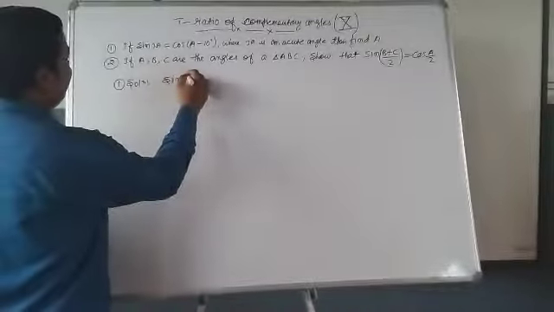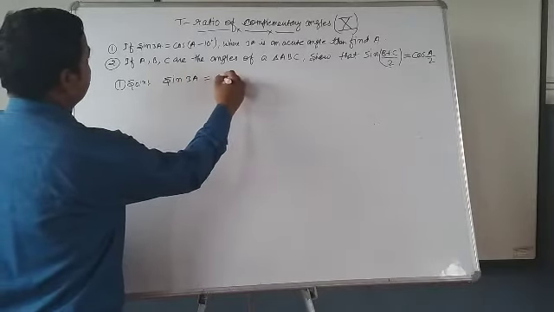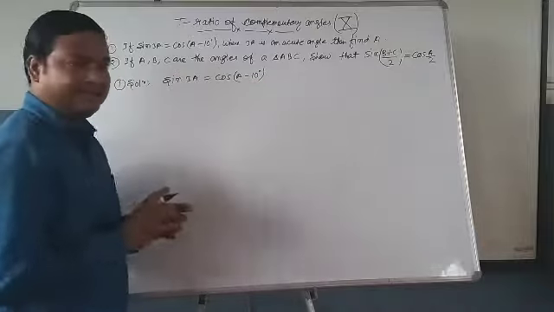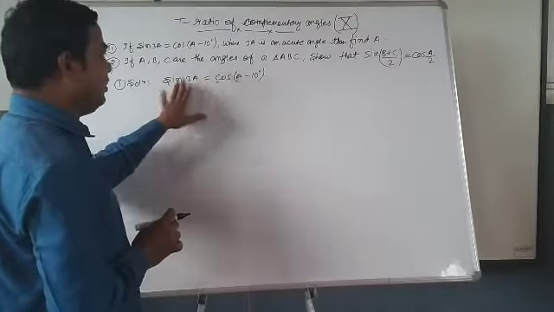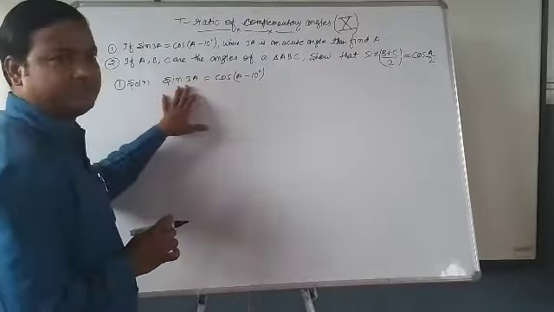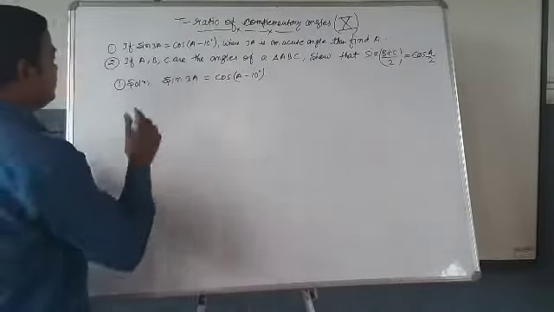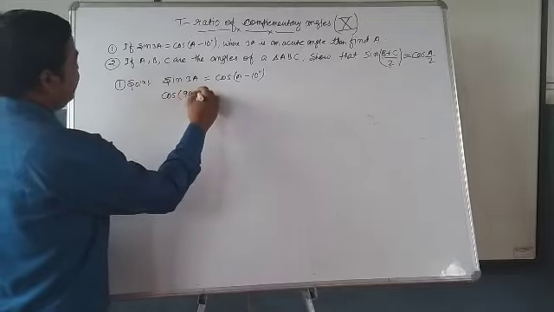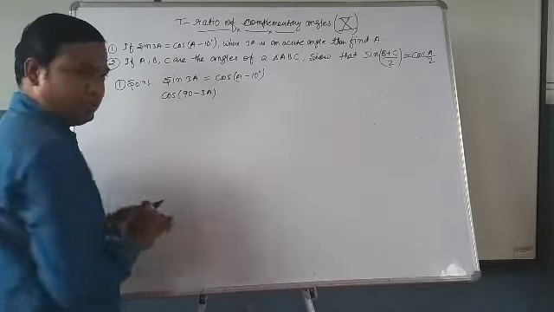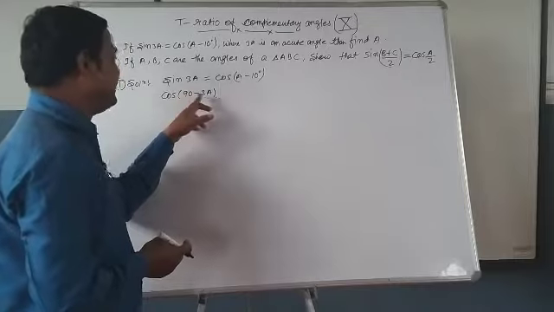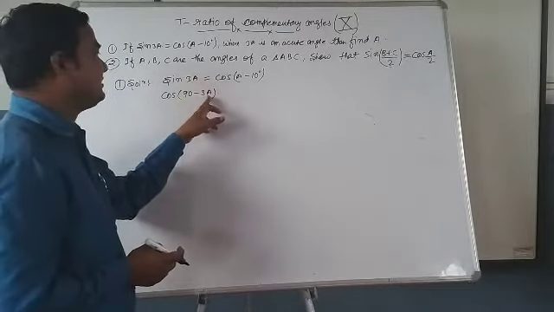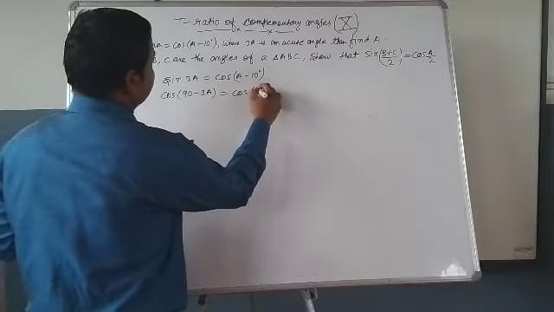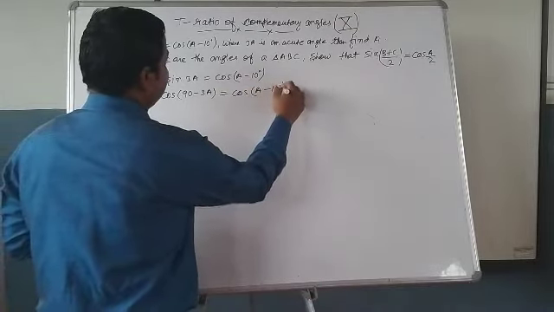Writing the question: sin 3a equals cos (a minus 10 degrees). You can convert either side. I am converting this one. Sin 3a should be written as cos (90 minus 3a). We know that cos (90 minus theta) equals sin theta, in place of theta 3a. Now the right-hand side has cos (a minus 10).